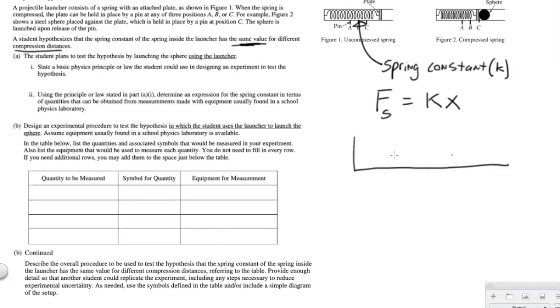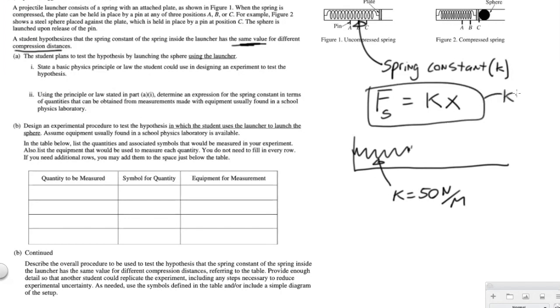So for example, you got a spring right here. Let's say that this spring has a spring constant of 50 Newton per meter, which is the unit, right? If you take this, K is going to be force of spring over X, which gives us units of Newton per meter. So let's say we grab this spring and let's say we stretch it 1 meter.